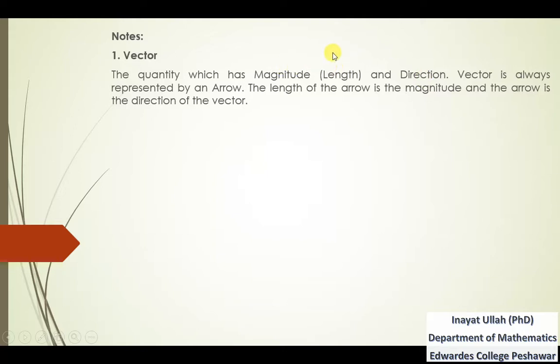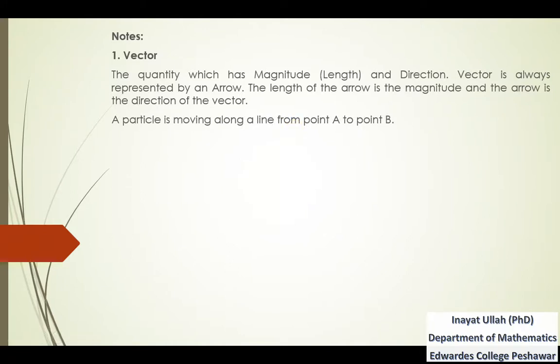So a physical quantity which has these two things, length and direction, is called a vector. A vector is always represented by an arrow. The length of the arrow is the magnitude, and the arrow is the direction of the vector.